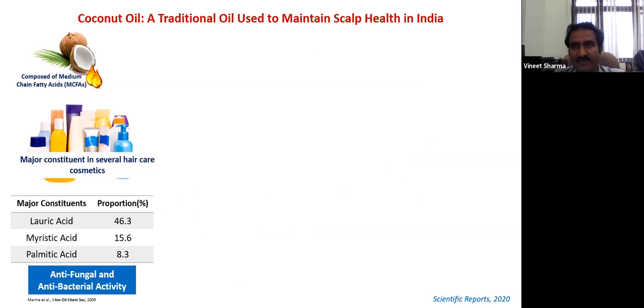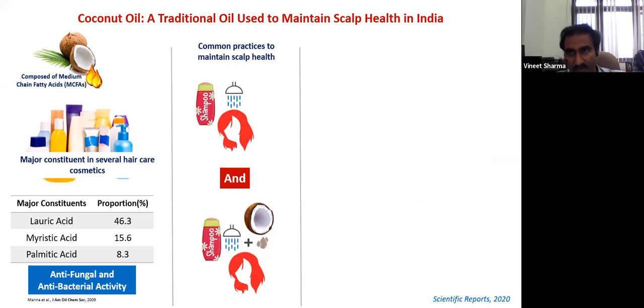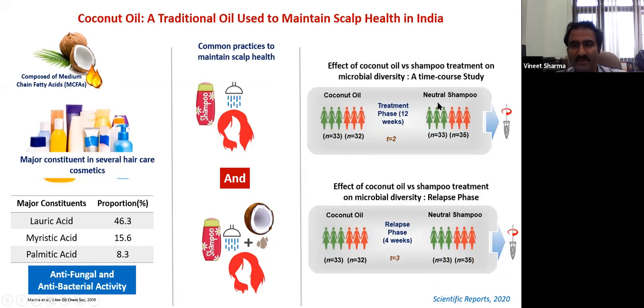Then the other part of the story was whether the coconut oil that is widely used in India has some effect on the scalp. For this we used a typical neutral shampoo as the control. The same set of individuals that we examined earlier were given these treatments over a period of time.